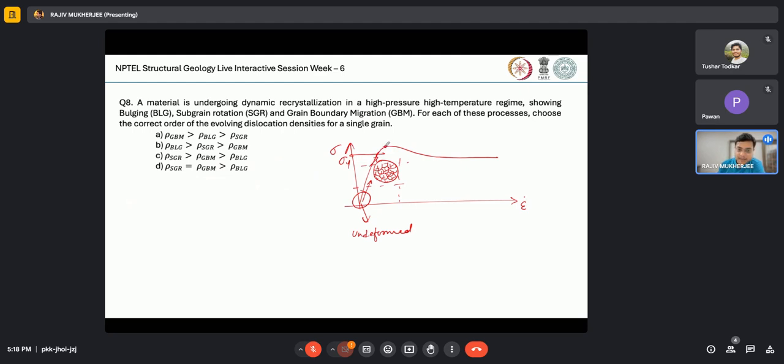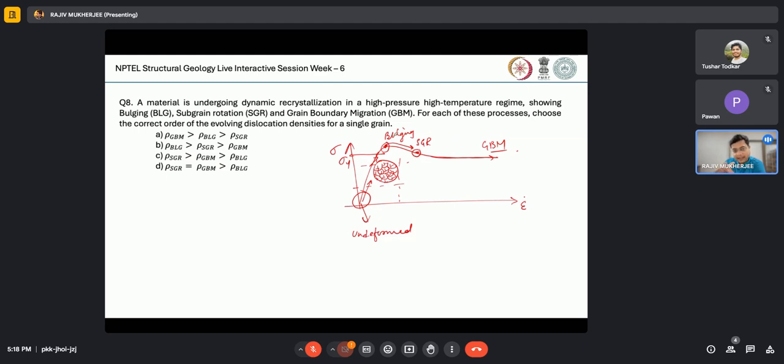It goes to this highest point, which is the peak strength, and that's when bulging starts, right? And eventually from bulging it goes to subgrain rotation, and eventually when the steady state recovery takes place, we call that GBM. So bulging is a mechanism where the peak strength of the material is observed, and at that point of dynamic recrystallization, it is at the highest dislocation density.